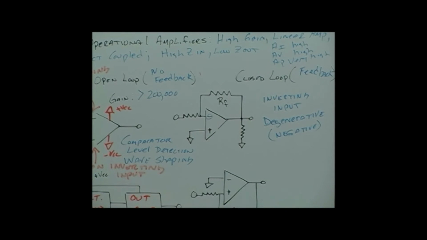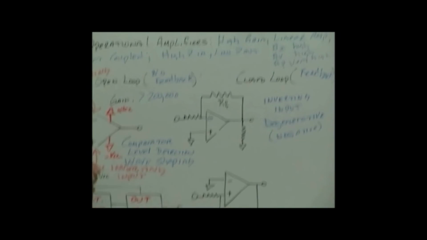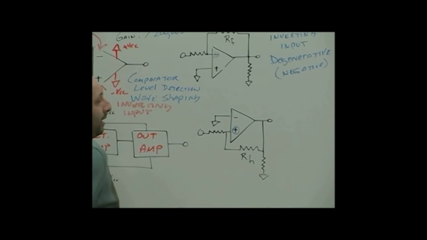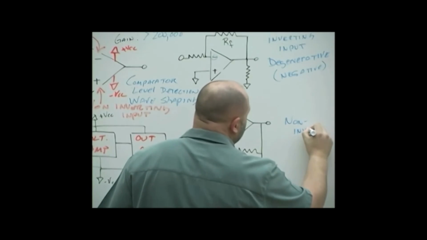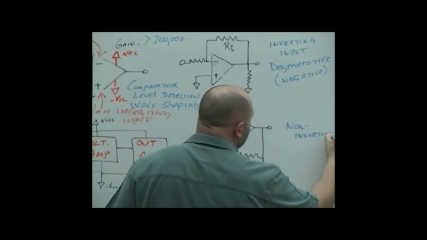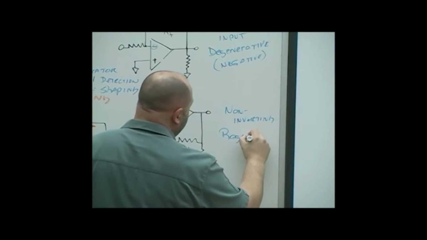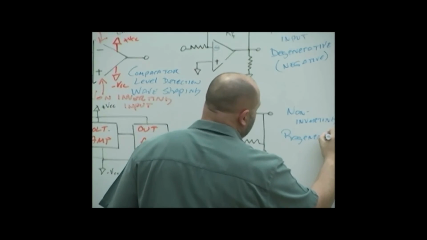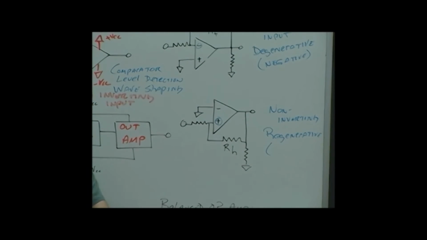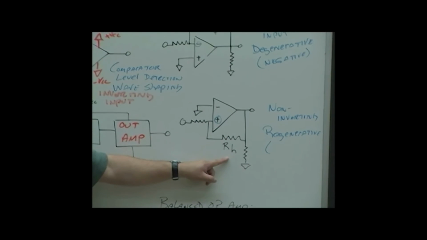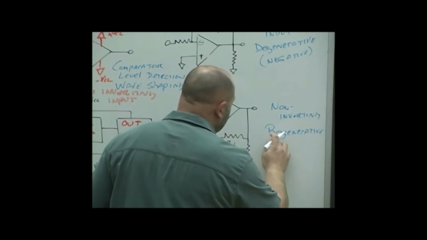What about this guy right now? Still using feedback, but now it's brought back to the non-inverting input, and we call that what? We call it regenerative. And yeah, we can say positive feedback, it's using the hysteresis, that lagging effect that's left over, all the same stuff.